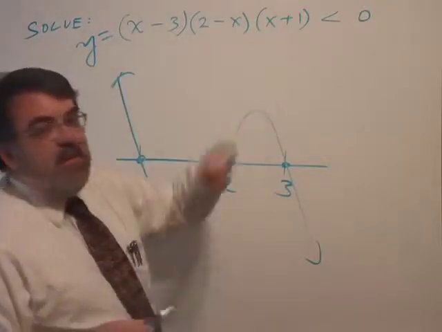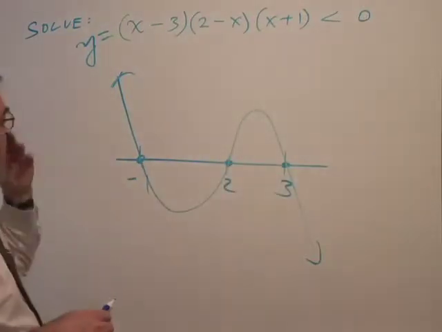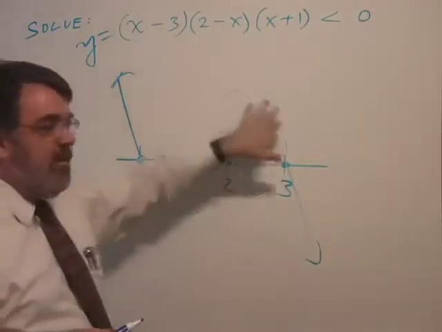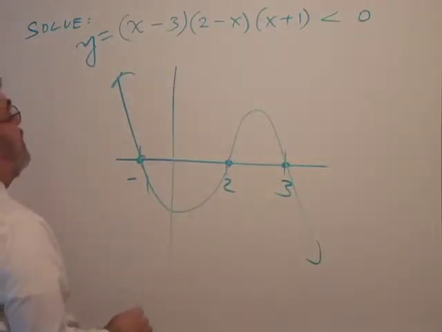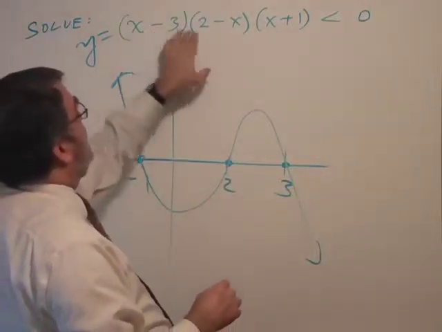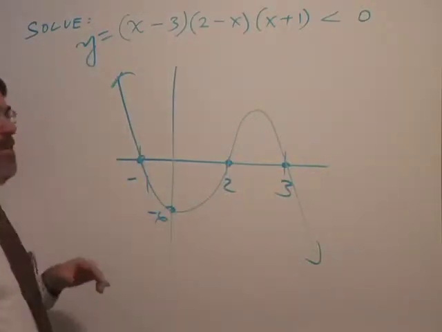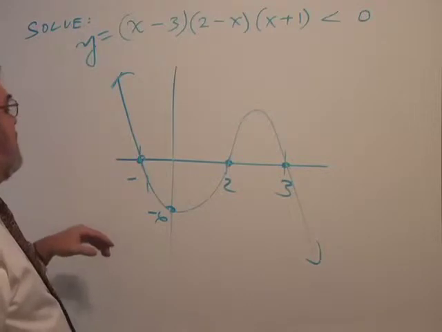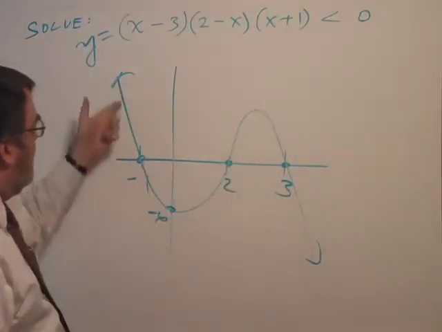The leading coefficient is −1, in other words this would be −x³. And here are the roots, so it has this shape. And the y-intercept, incidentally, would be −3 times 2, which is −6. So I kind of went backwards here, but suppose we sketch this function on the graph.